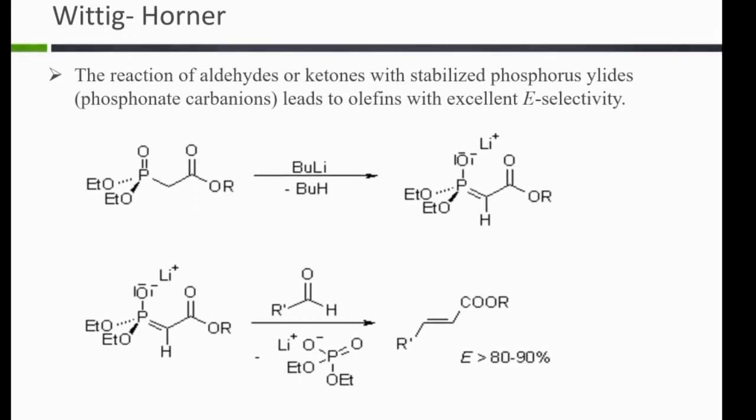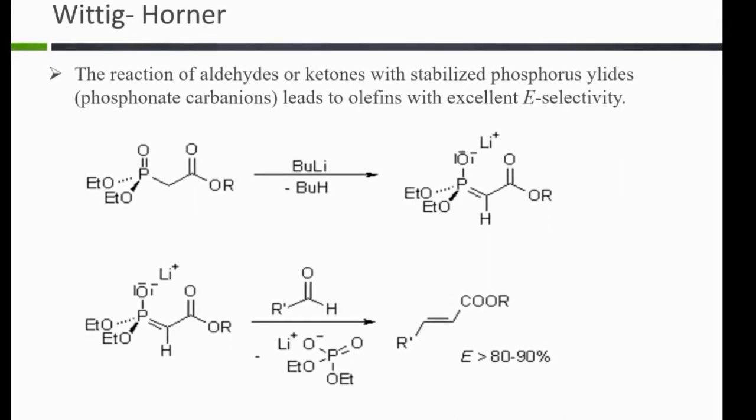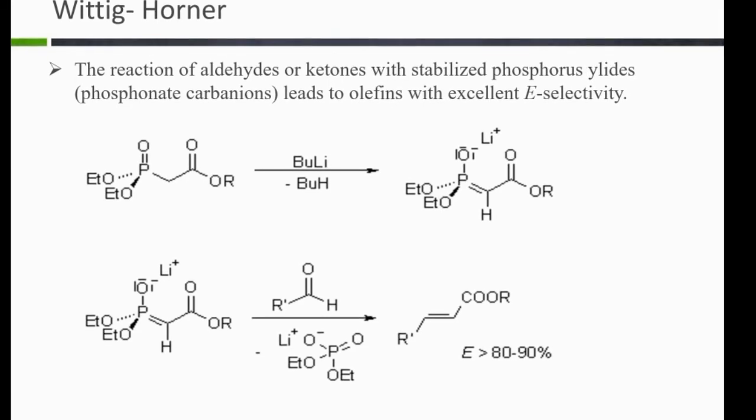And the next reaction is the Wittig-Horner reaction. How is the Wittig-Horner reaction connected to the Vilsmeier-Haack reaction, if you ask? Wittig-Horner also has an element which is special in the Vilsmeier-Haack reaction, that is phosphorus.